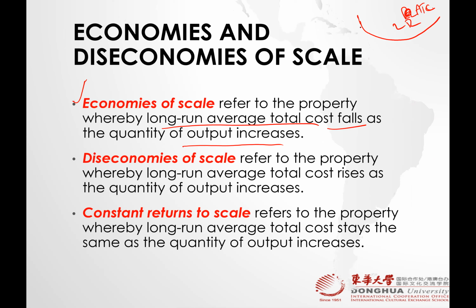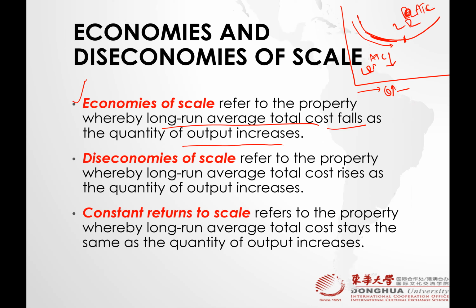So if in the long run you are managing yourself to stay in this area, it means you produce more quantity, and your long run average total cost is decreasing.